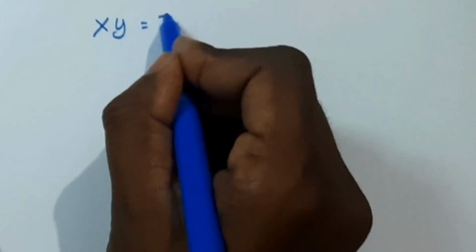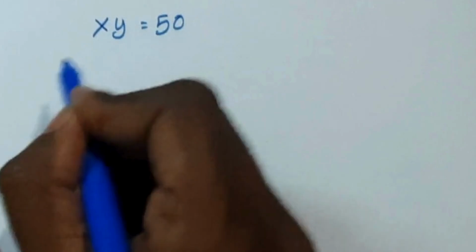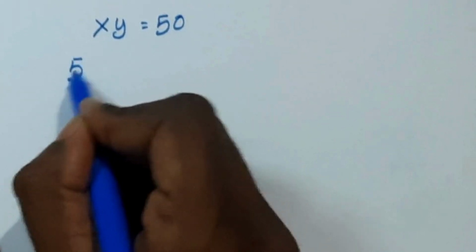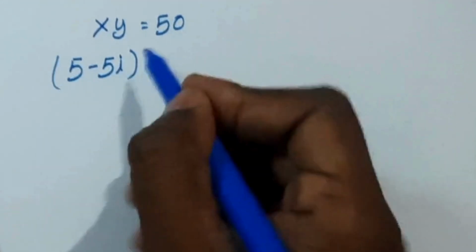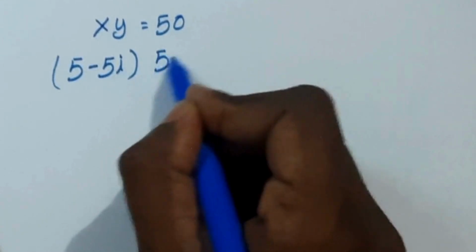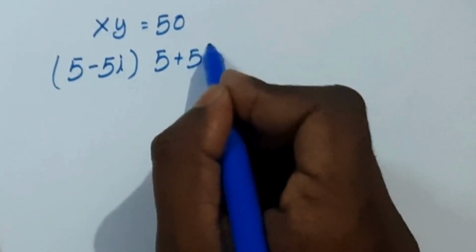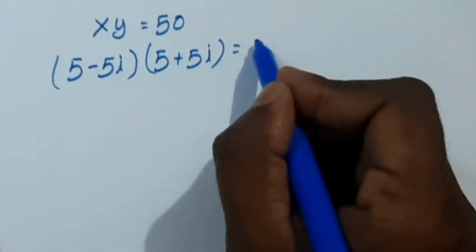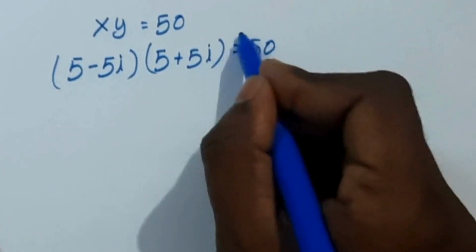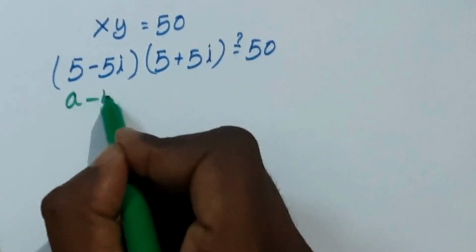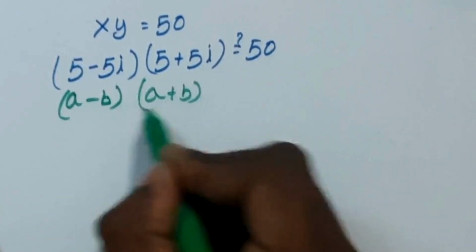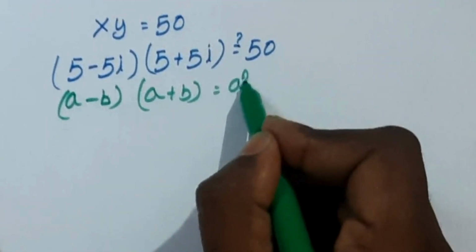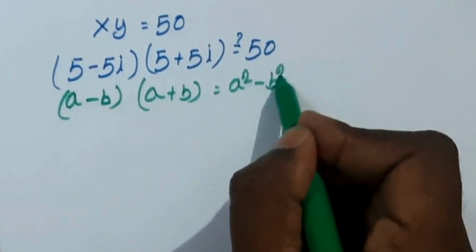Now xy equal to 50. Now 5 minus 5i times of 5 plus 5i equal to 50. (a minus b)(a plus b) equal to a square minus b square.